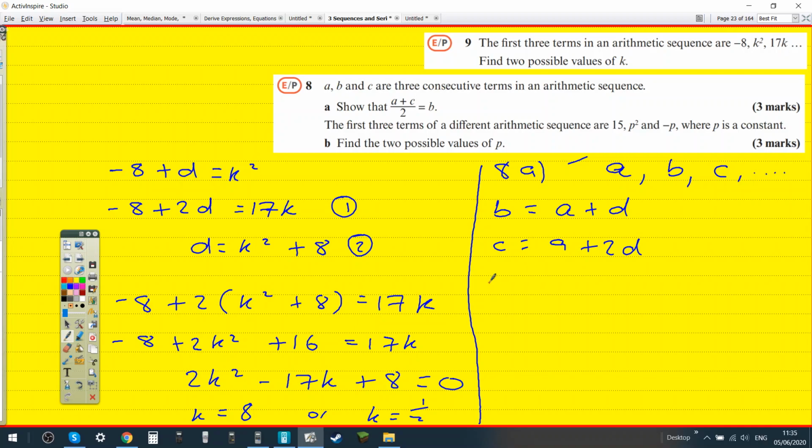So b minus a equals d, and then c equals a plus 2 times b minus a, and then that would give 2b minus 2a. So would it be minus a plus 2b? Yeah.